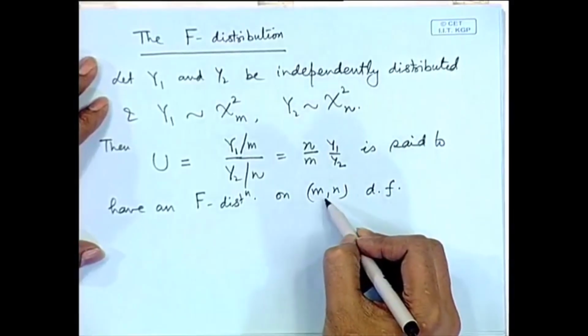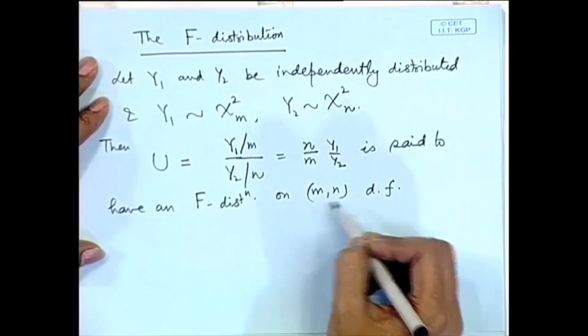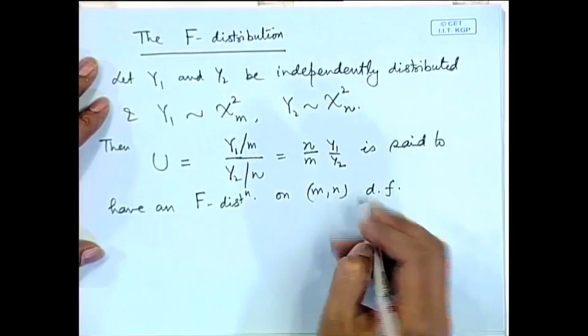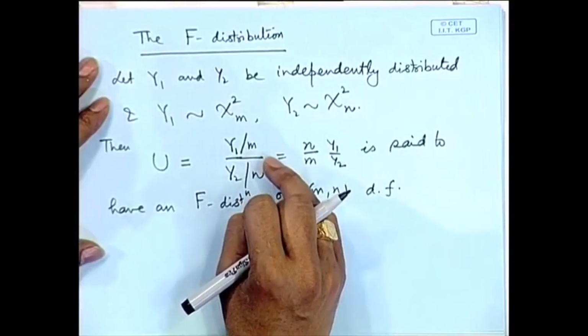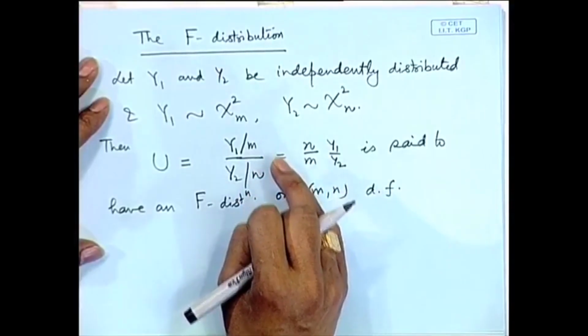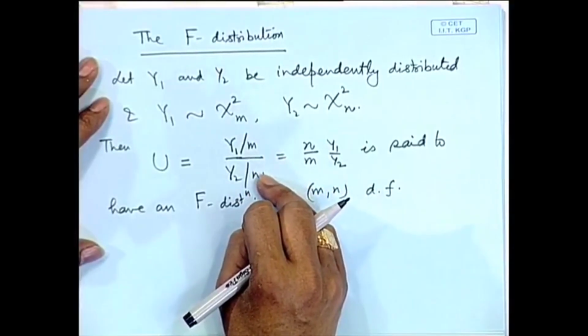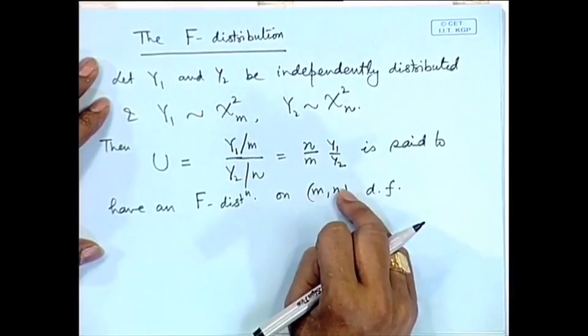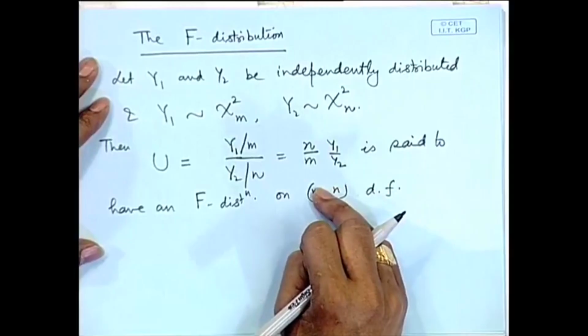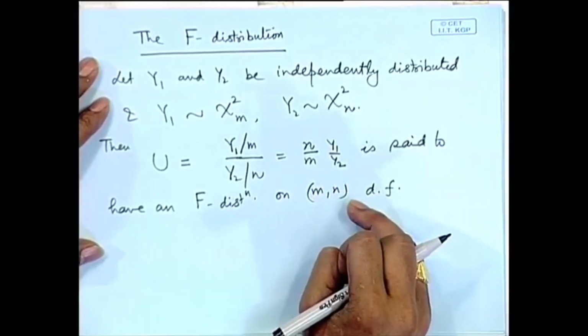Now, here one has to notice that 2 degrees of freedom terms are coming and therefore, this order is important. If I am having a numerator chi-square variable with m and the denominator chi-square with n, then we will write the ordered pair m, n. That means, if I write n, m, it will denote a different F distribution.